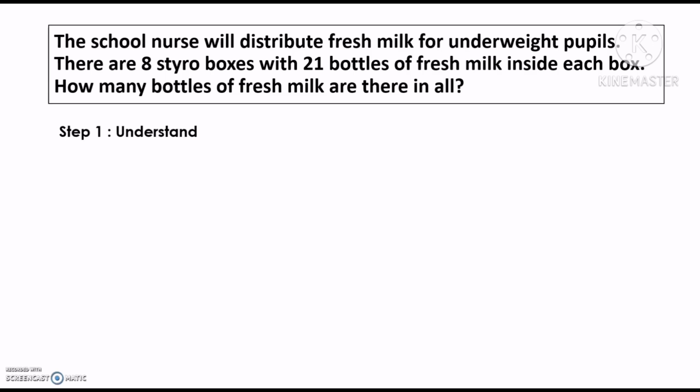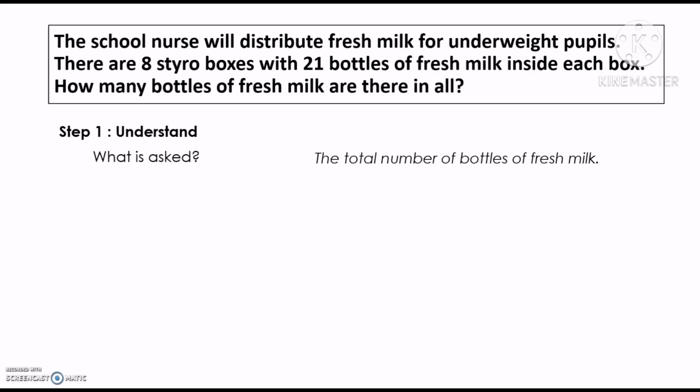Step 1, understand. Under understand, we have what is asked. The question in our problem is, how many bottles of fresh milk are there in all? We are going to write it into a statement. How many will be changed into the total number of bottles of fresh milk.